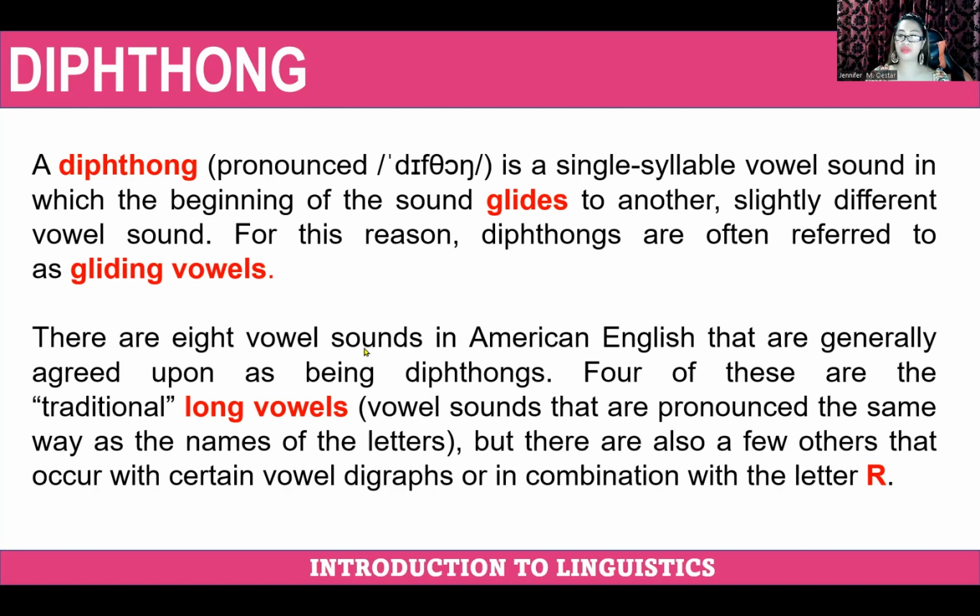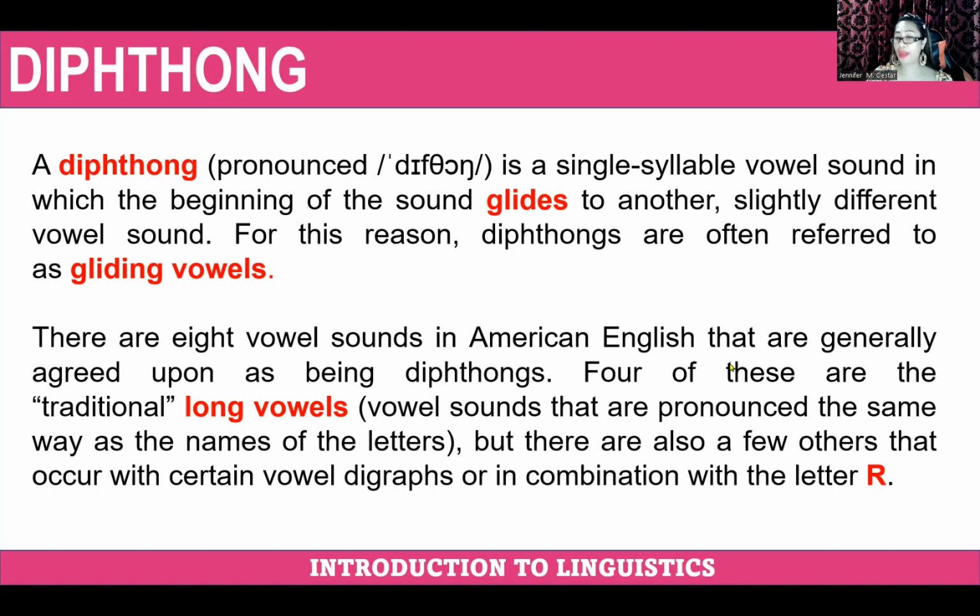So there are 8 vowel sounds in American English that are generally agreed upon as diphthongs. Remember in my last video, I mentioned that we have 8 diphthongs. 4 of these are the traditional long vowels, vowel sounds that are pronounced the same way as the names of the letters. That's what we call the traditional.